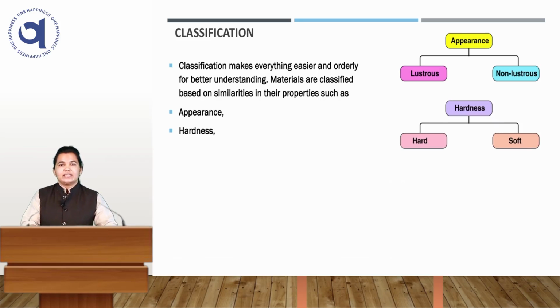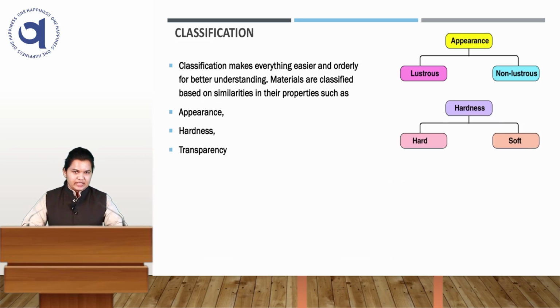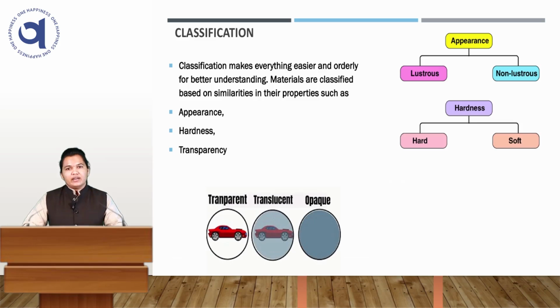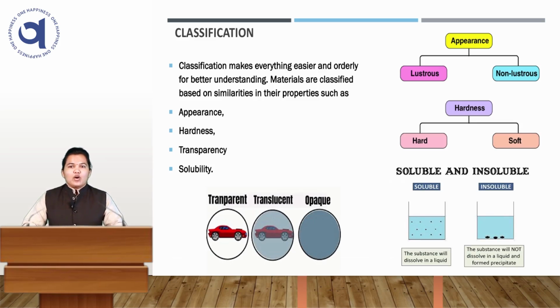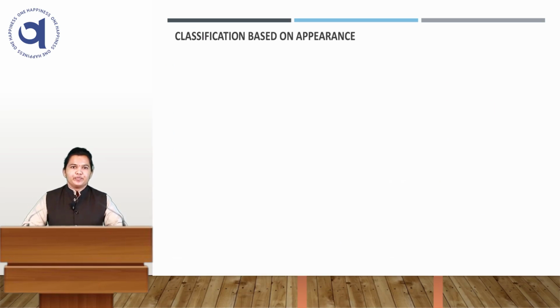There are some materials that are hard, some are soft. Third one is transparency. We can classify materials as transparent, translucent and opaque. And last one is solubility. Objects that are soluble and insoluble in water. We will learn more on the next slide.